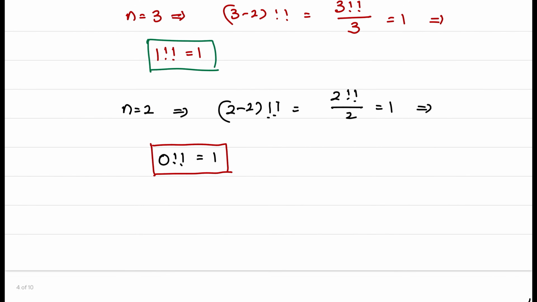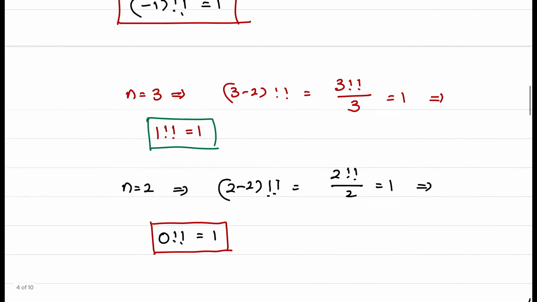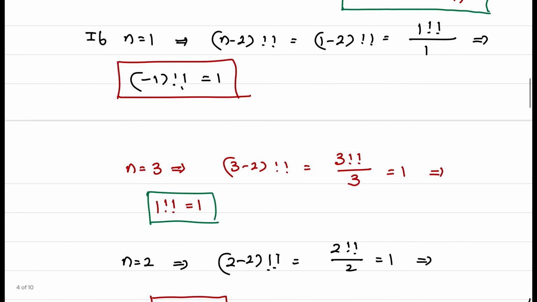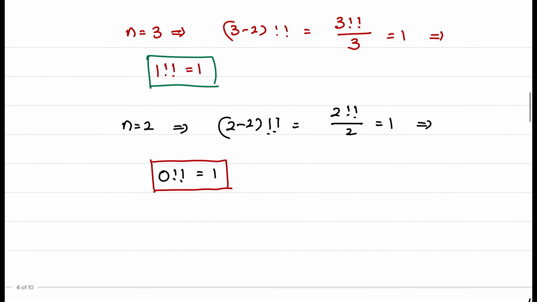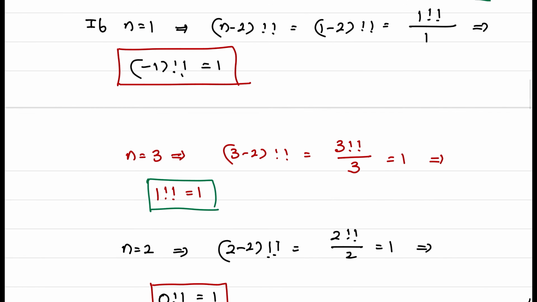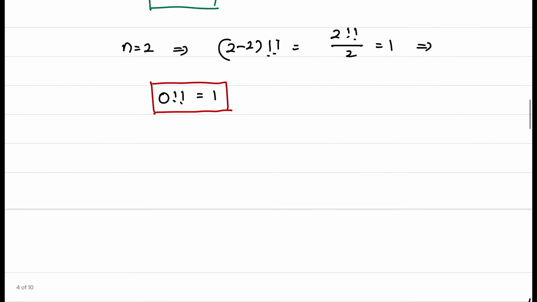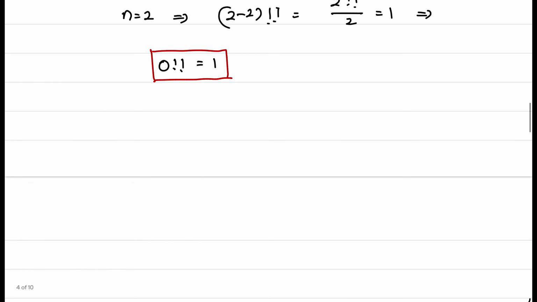Now, let us say n is equal to minus 1. What we have done till now is n equal to positive values: n is equal to 0, 1, 2, 3. Now we will go to n lesser than 0. n is equal to minus 1.